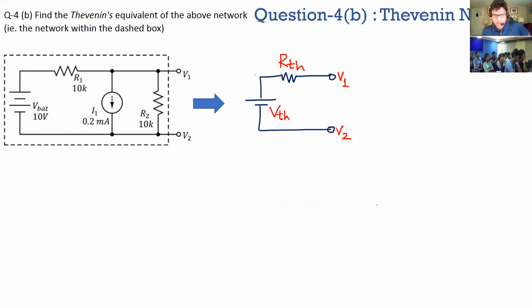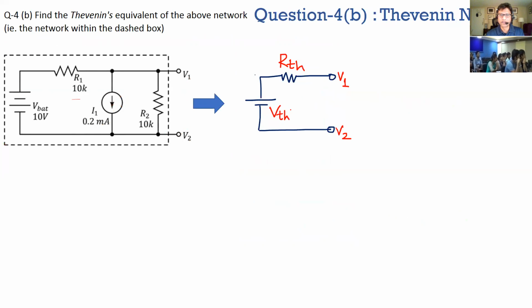Okay, this one is the same circuit, and I asked you to find the Thevenin and Norton equivalent. Again, you guys are probably familiar with it, but this is something you don't want to look unfamiliar with, especially in interviews. Thevenin's and Norton you should know right away. So in order to find a Thevenin equivalent of a circuit, for example here, it's a two-port network between V1 and V2.